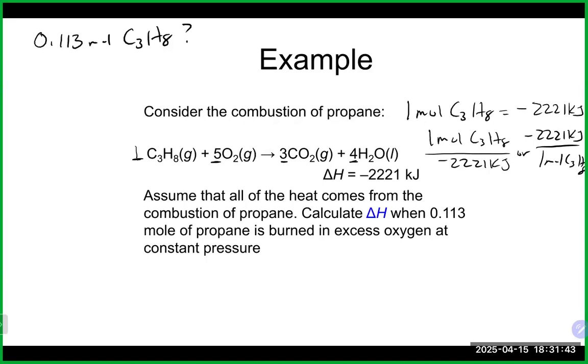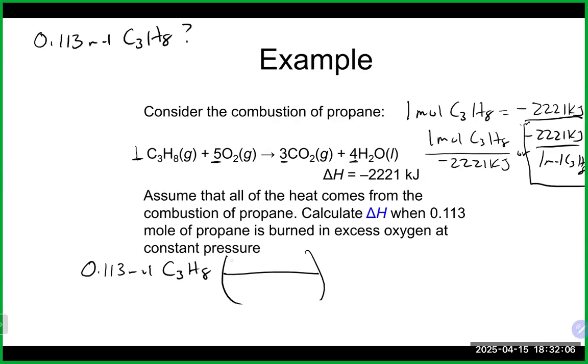Now, in this case, we want the energy for 0.113 moles, and that should hopefully be less, I would imagine, than 1 mole that we have here. So we could actually just do a little calculation, 0.113 moles of the propane. We'll use our conversion factor, opposites cancel, so we'll use this one here on the right, minus 2221 kilojoules, and that is 1 mole of propane here.